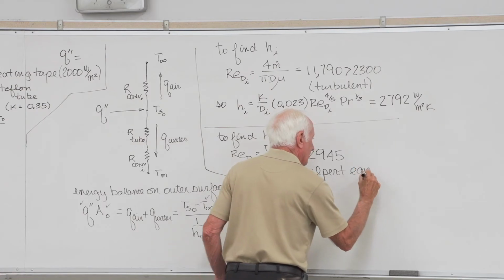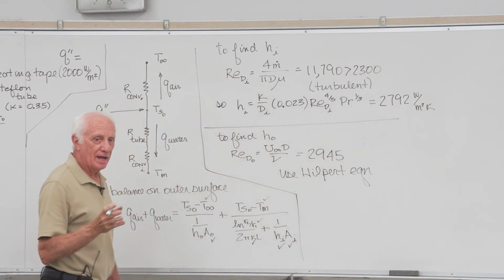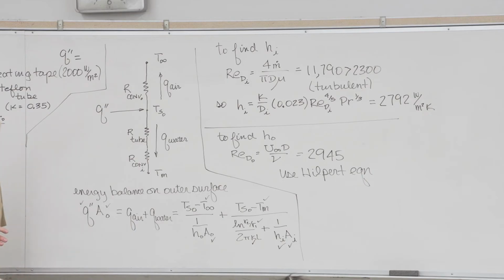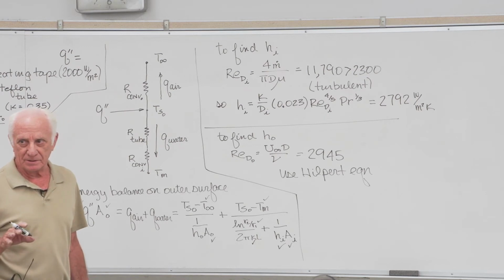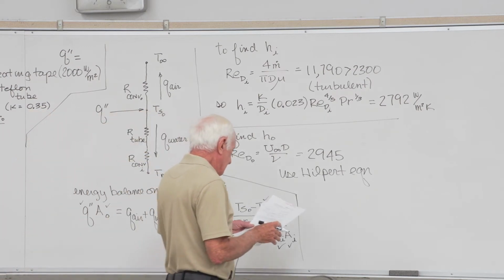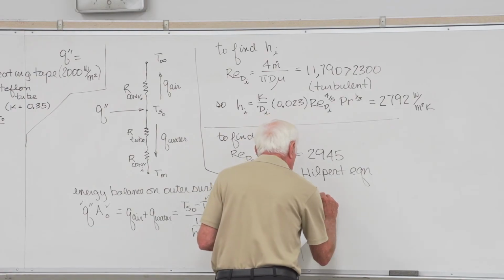There are more recent ones which are more accurate, but for our purposes in class, for homework and exams, we'll get by with the easier one. Why make life too complicated at this level? Use the Hilpert equation.